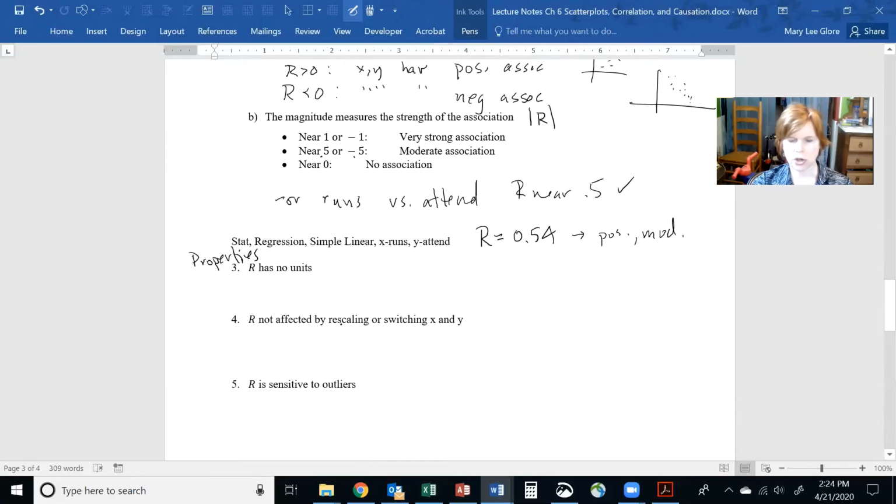Okay, R has no units. So this 0.54 has nothing to do with runs or people. If you looked at the calculation of R, which we're not going to, it involves z-scores.